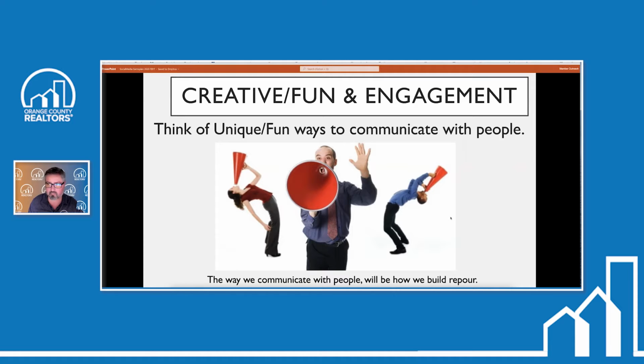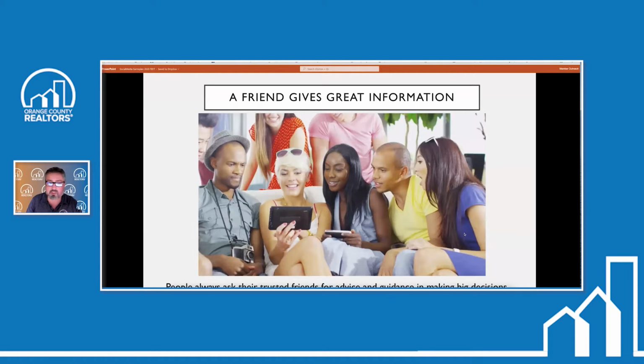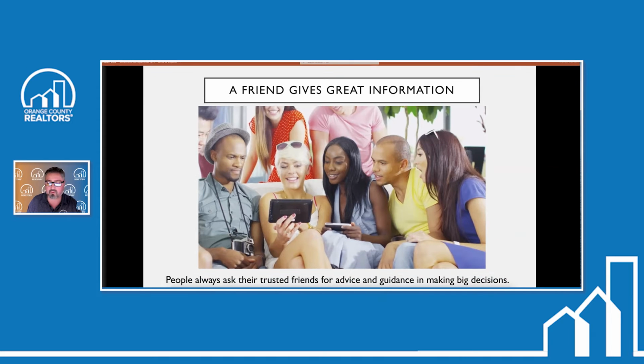I see. All right. So now, real quickly, just so you know, a friend gives great information, right? People always ask their trusted friends for advice and guidance in making super big decisions. Now, I know Kate and Loanne and you, Sadaka, probably all, before dating your significant other, brought your significant other in front of your friends, right?